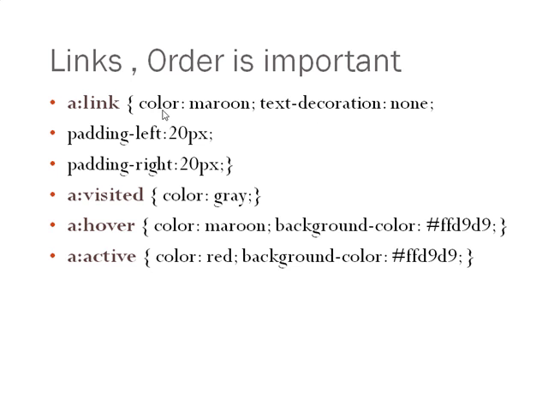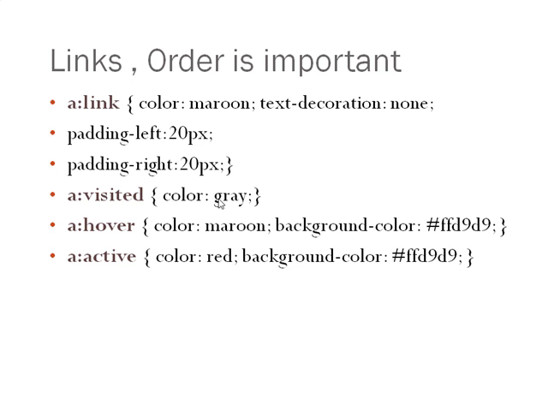So here's a typical way that you might write your rules. For my initial state, I've put the color. I've put text decoration at none, so it will not have an underline. I put a padding of left and right 20 pixels. All of these other states are going to take on any of the attributes I've set up here unless they override them.